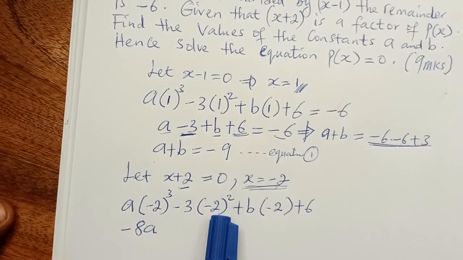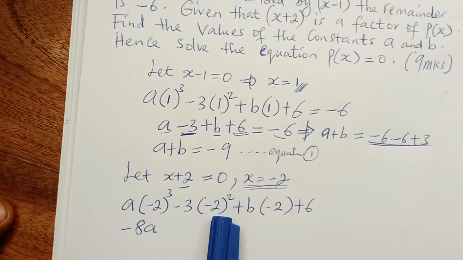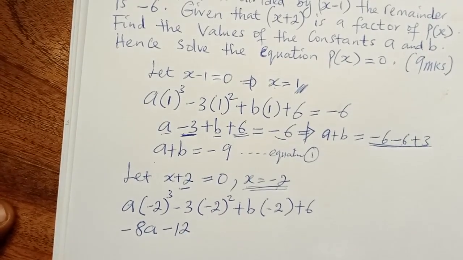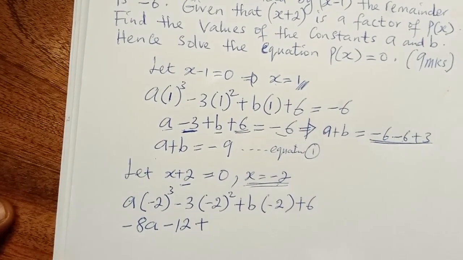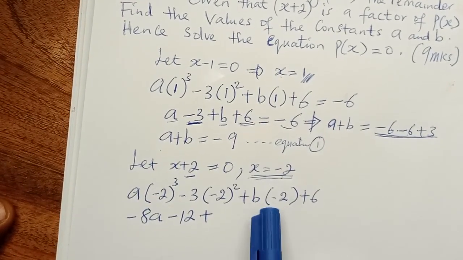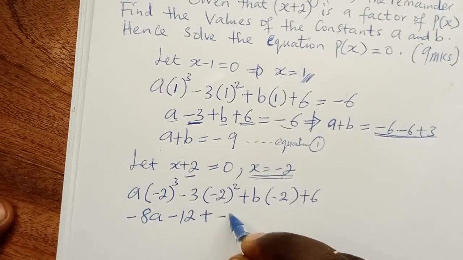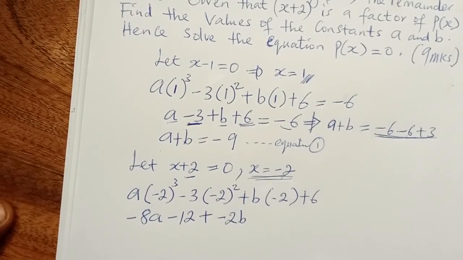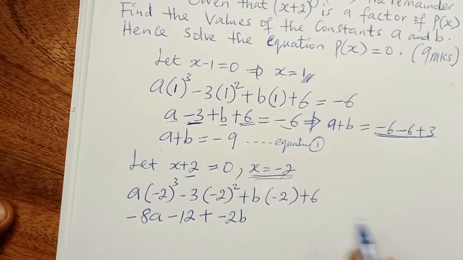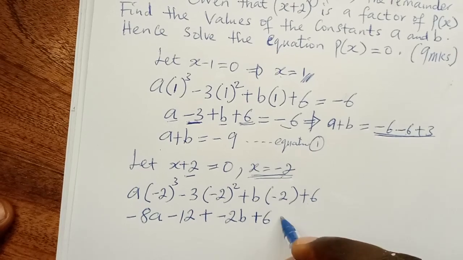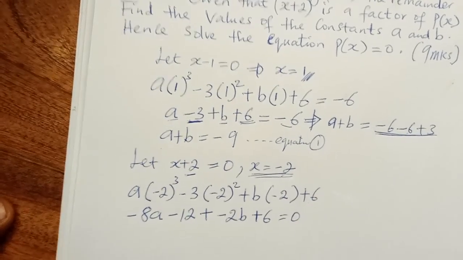Minus 3 times 4 is going to give us minus 12. Plus, we have minus 2 here times b, which gives us minus 2b. Minus 2b plus this 6 that you see here, plus 6, will be equal to 0.